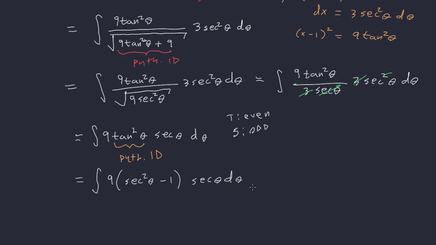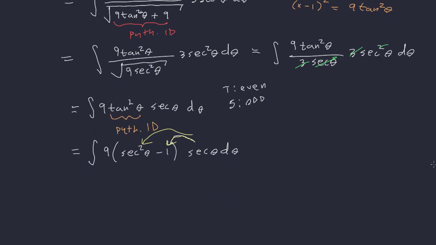And the reason I did this is because I can distribute this through and get that this is the integral of 9 secant cubed theta minus secant theta d theta.